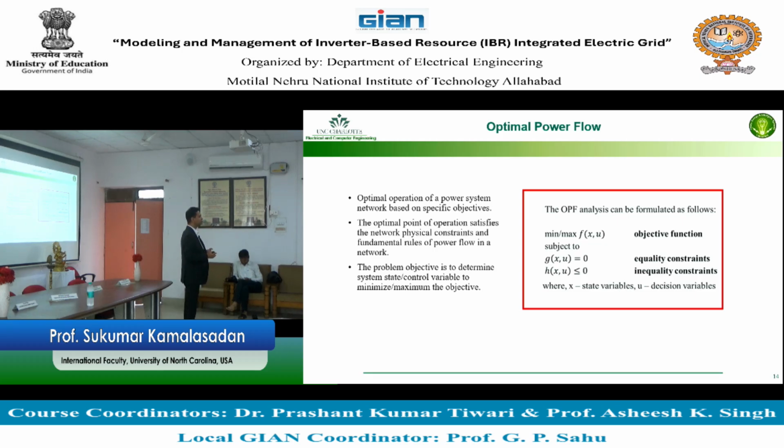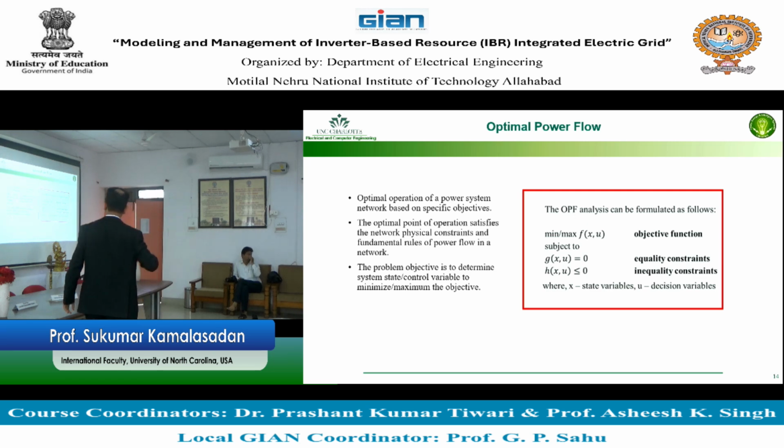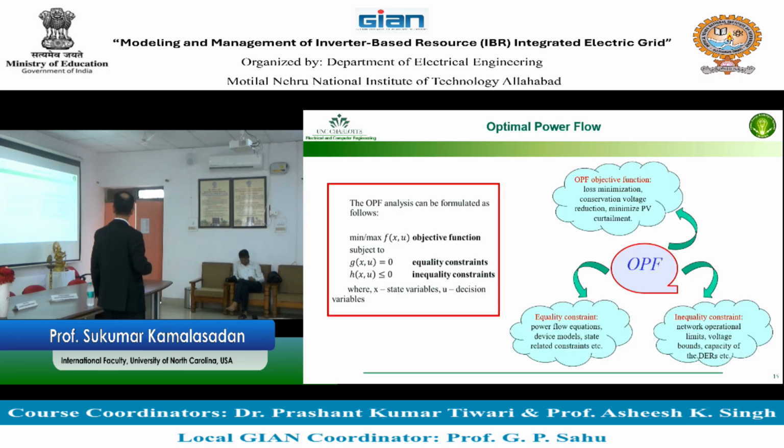There are things like swarm optimization, particle swarm optimization. These do not have any physical condition. You do just number in, number out. If you wanted to apply that to the operation of the power grid, you should make sure it takes care of the physical constraints in the power network, and the objective is to determine the state and control variables to minimize the total cost for the electric utility.